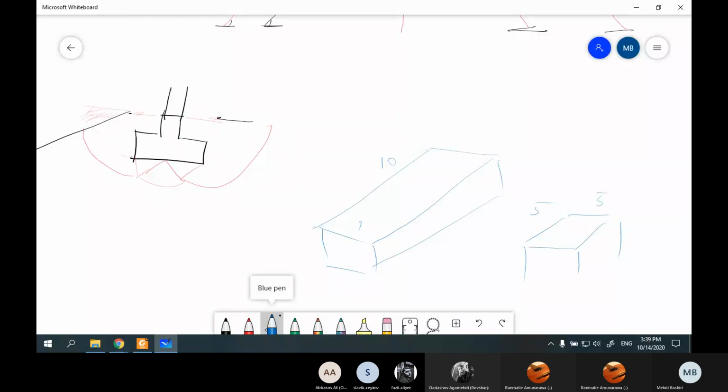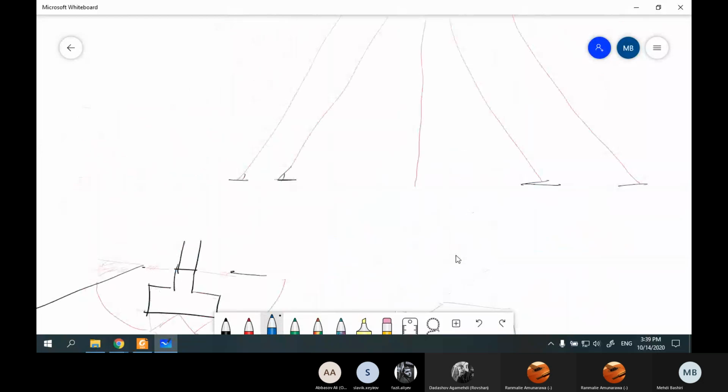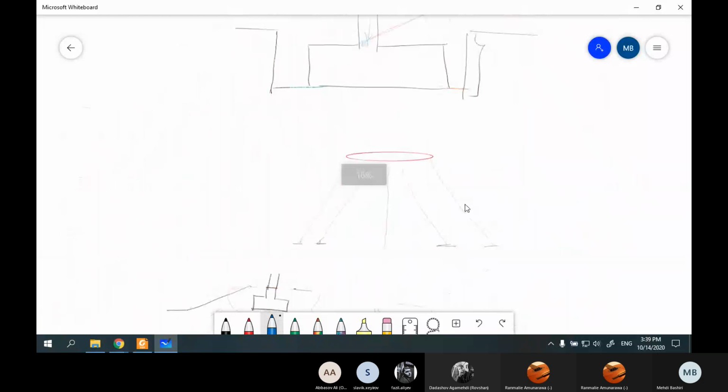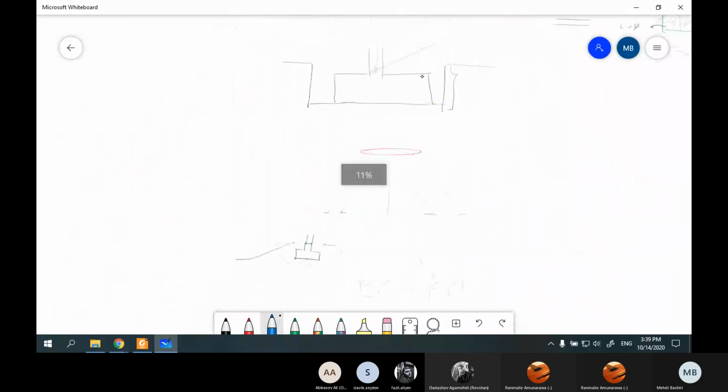So you should consider the effect of this shape. You should consider the effect of the direction of the load, this angle. You should consider this effect, and you should consider the depth.